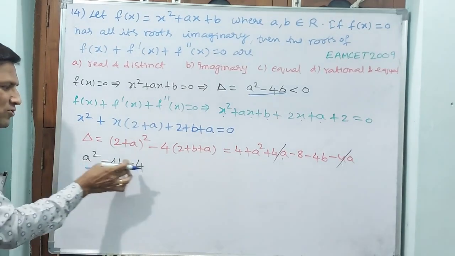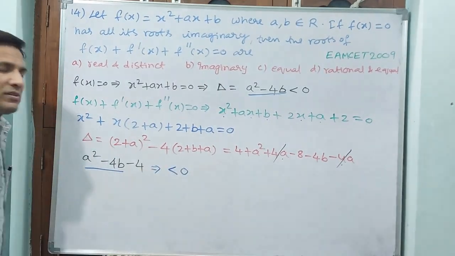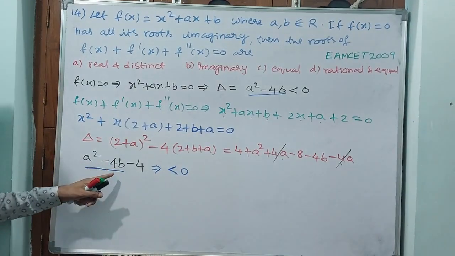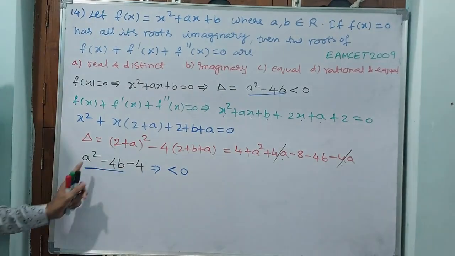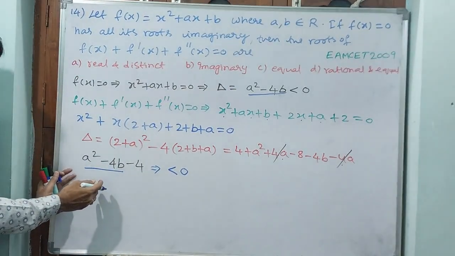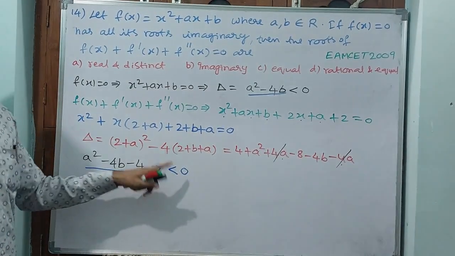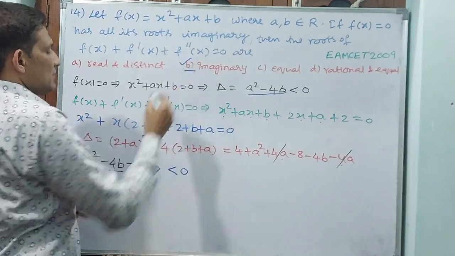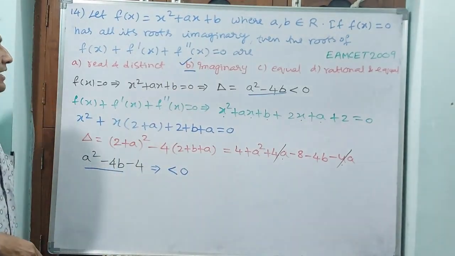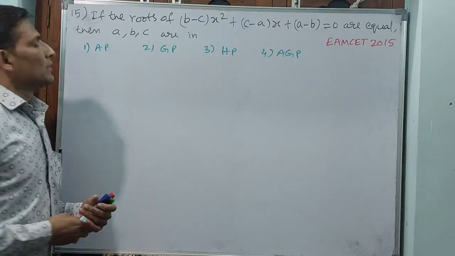That means a square minus 4b is less than 0 and minus 4 is also less than 0. Both are less than 0. Addition of two less than zeros gives less than 0 only. If less than 0, the roots are imaginary. Understand?